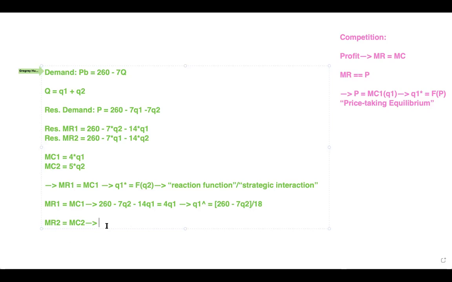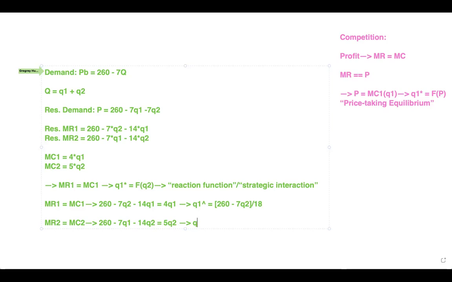Well, it's just putting marginal revenue 2, which is 260 minus 7Q1 minus 14Q2 times Q2. Right. 7Q1 minus 14Q2. And then that should be equal to 5Q2. Yeah.